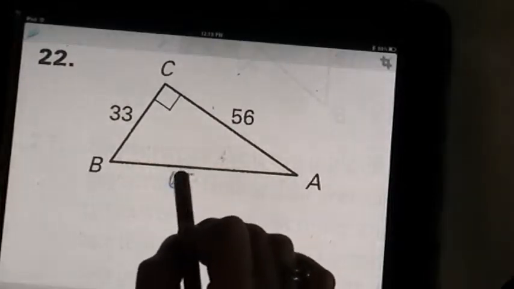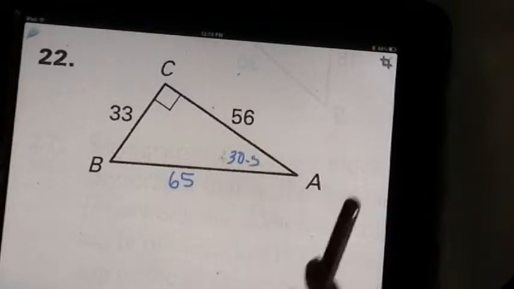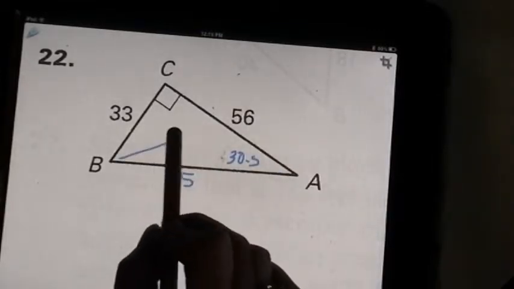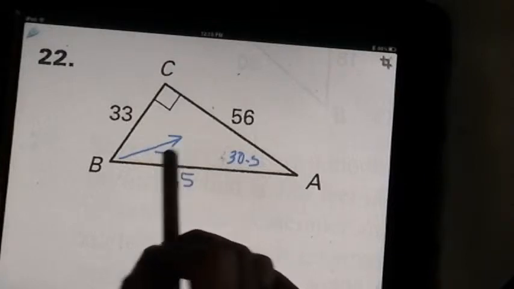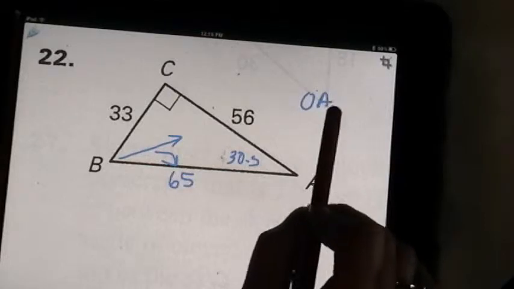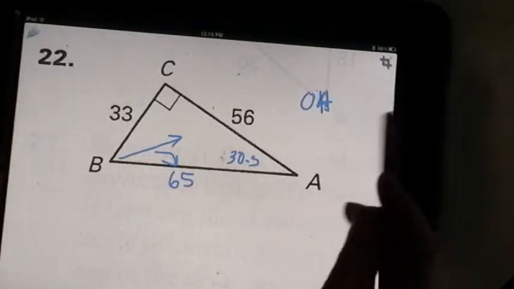This was 65, and this was 30.5. Let's do opposite over adjacent. Excuse me, opposite over hypotenuse. Opposite over hypotenuse.